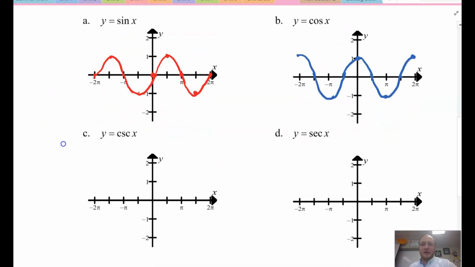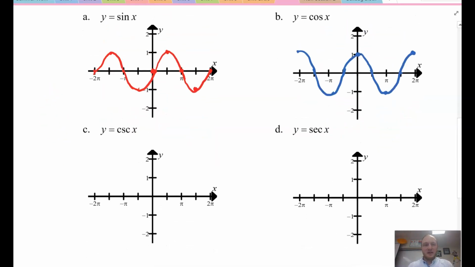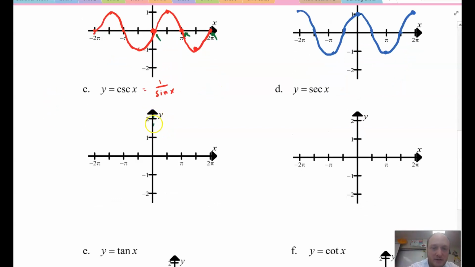What I'm going to do now is graph cosecant of x and secant of x, which are the reciprocals. So 1 over them. Cosecant of x is 1 over sine of x. And so where sine of x is 0, here and here and here, what you're going to get for cosecant of x are vertical asymptotes.